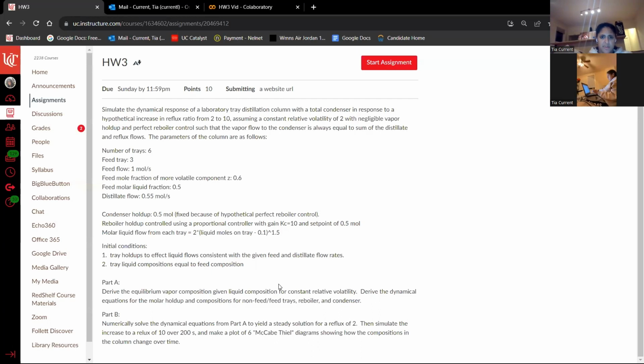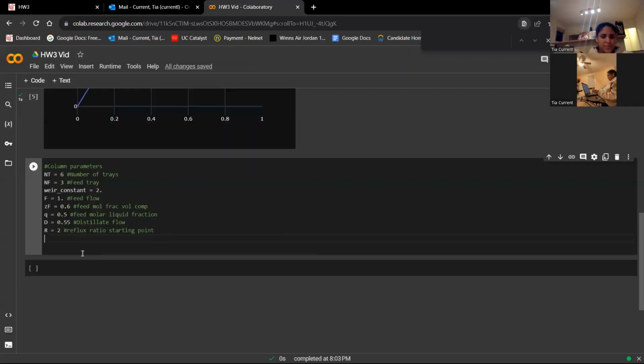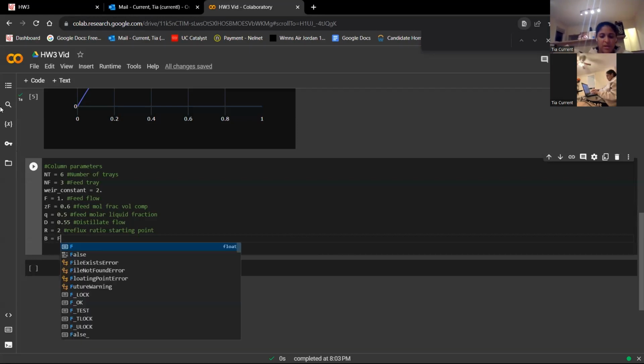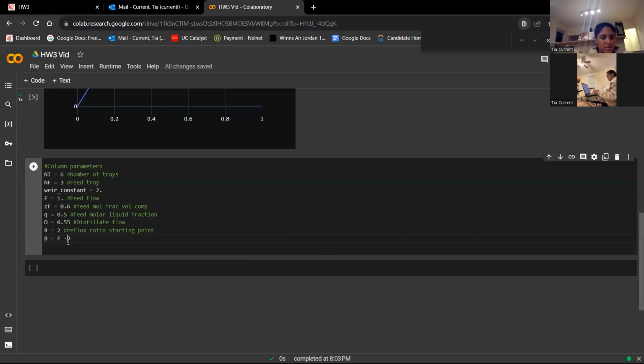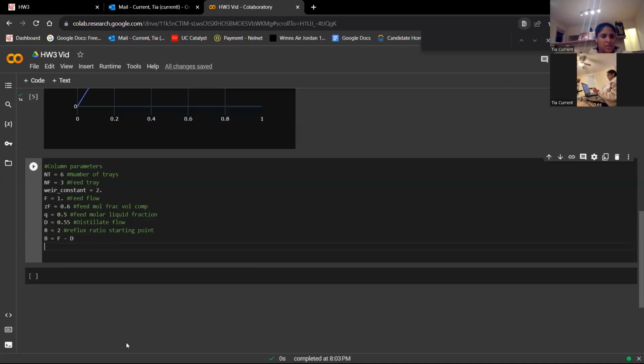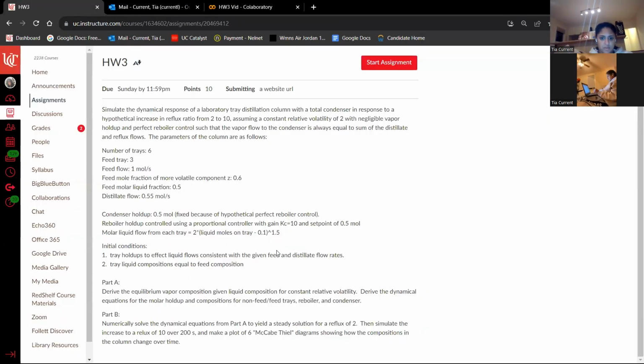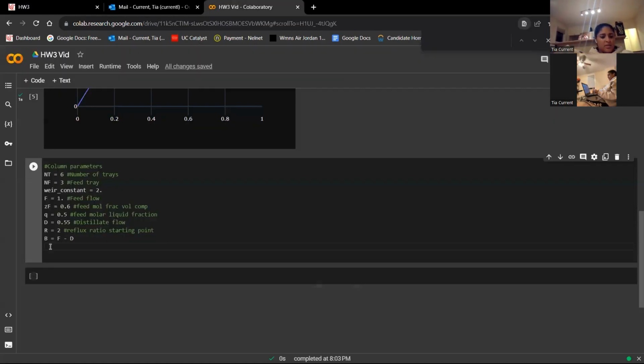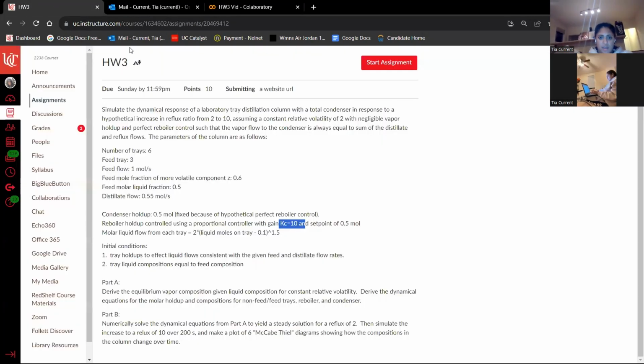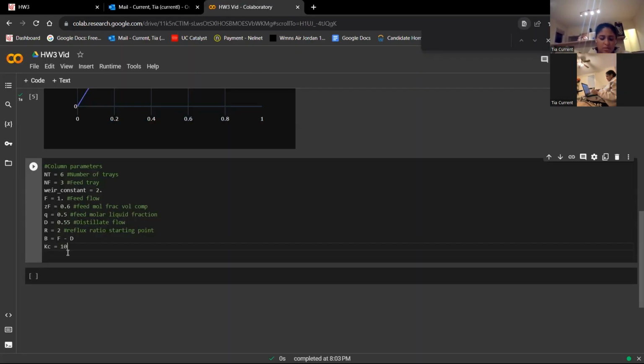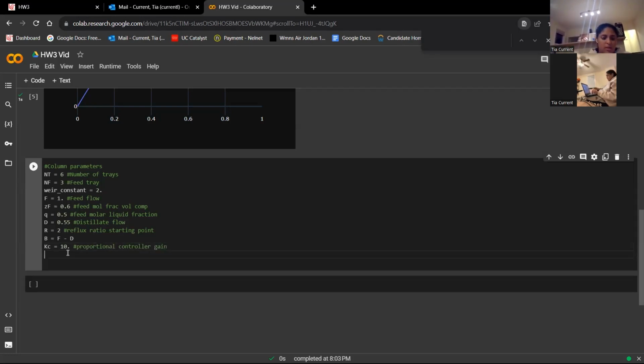Okay. Now what else? All right, and then we have to do an equation for our bottoms because we have F and we have D. So B is equal to F minus D. It will know how to do that. Okay, so then we have our proportional controller gain, which is Kc is equal to, I think it's a 10. And then tray.